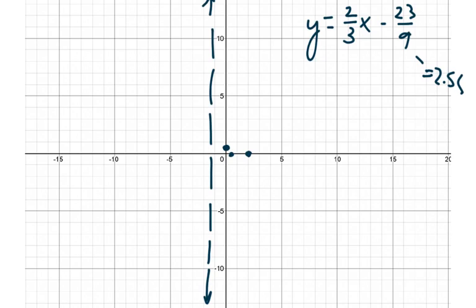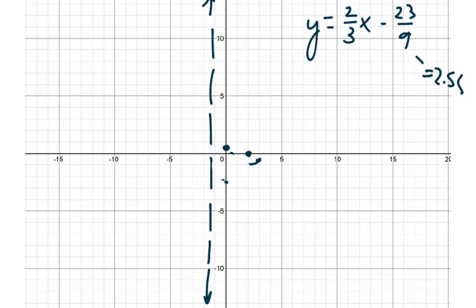So when we go to plot this oblique asymptote, our y-intercept is -2.55. So it's going to hit right about, not there, a little lower, right about there. And then its slope is 2 over 3. So I would go up 2 like that, over 3. So that's going to put my dot right there.